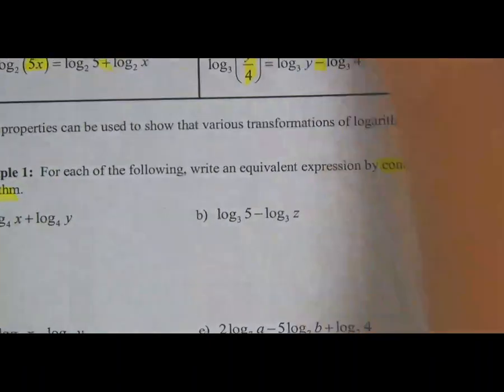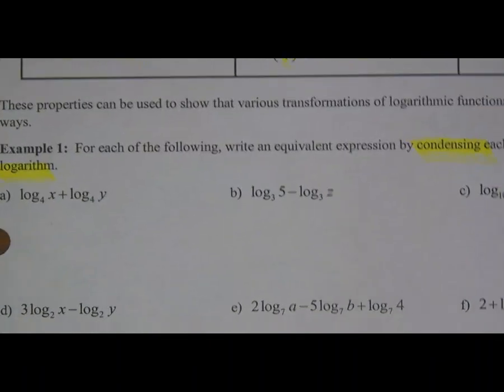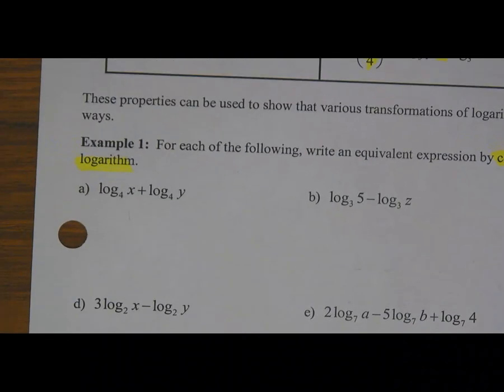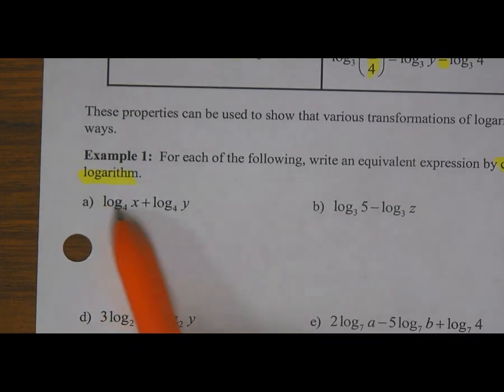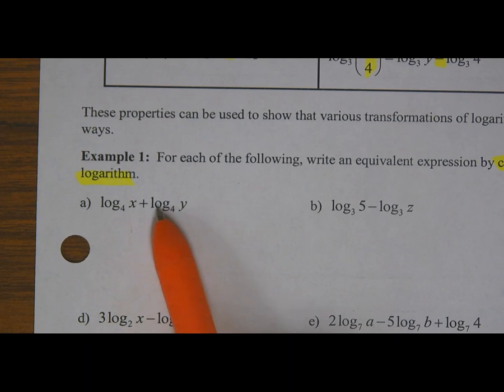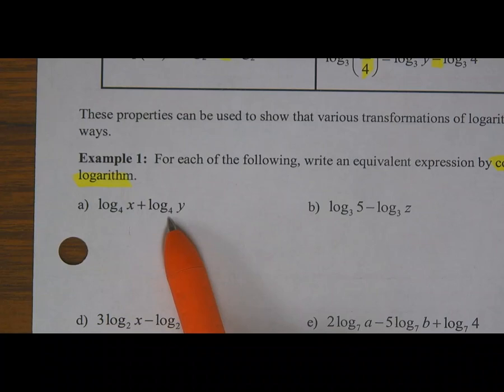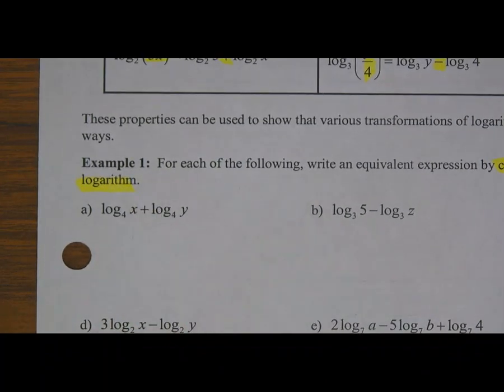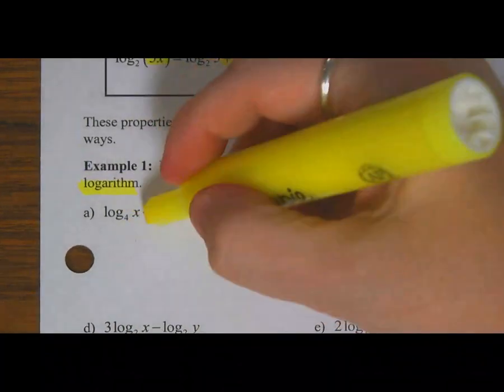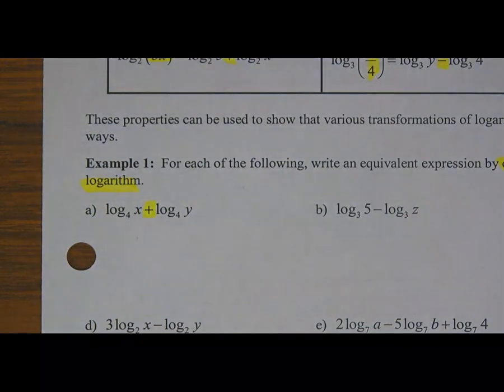So on A, I've got two logs that are being added together. And by the way, this only works if the log bases are the same. So let me make this very clear. If this was a log base 4 added to a log base 7, you could not shrink them. You could not condense them. They have to be the same log base. But what we're going to do here, because it's addition, is condense it to be a product.